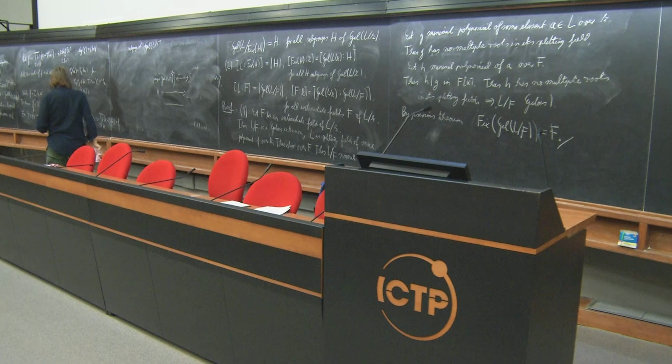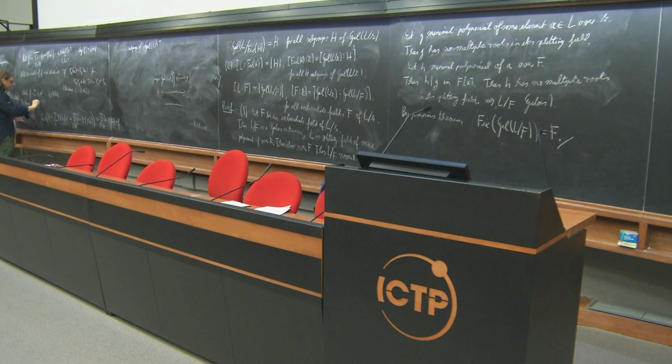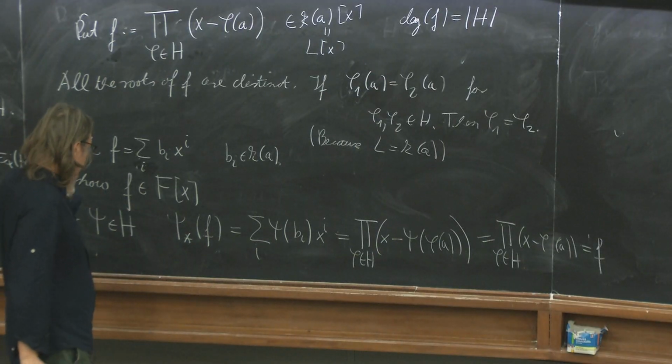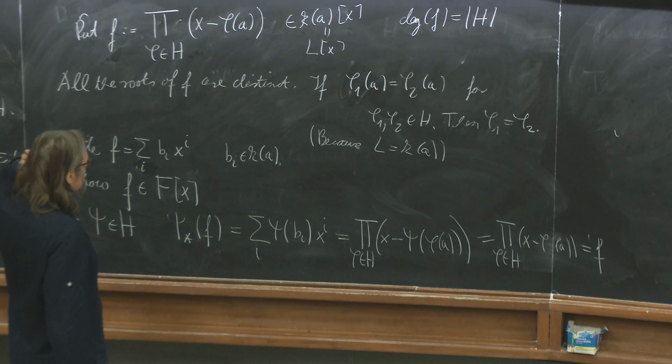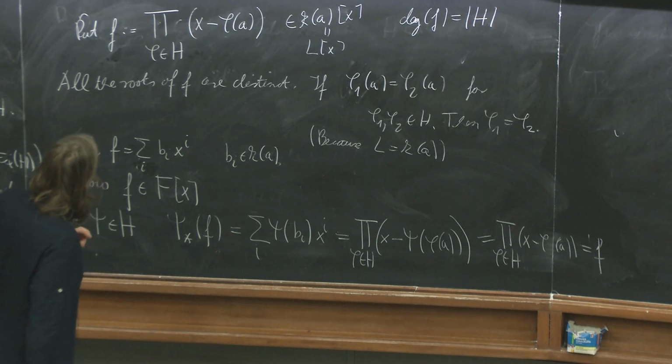No, sorry, I should correct myself. I want to say they are in the fixed field. Let me just repeat the last thing, because that's what we want to prove. This is a polynomial with coefficients in the fixed field of H, since the elements in H are elements in the Galois group.